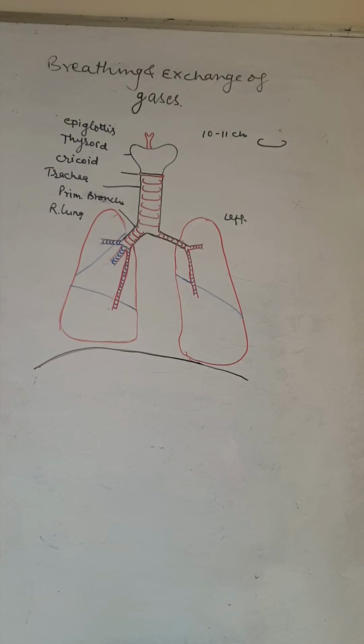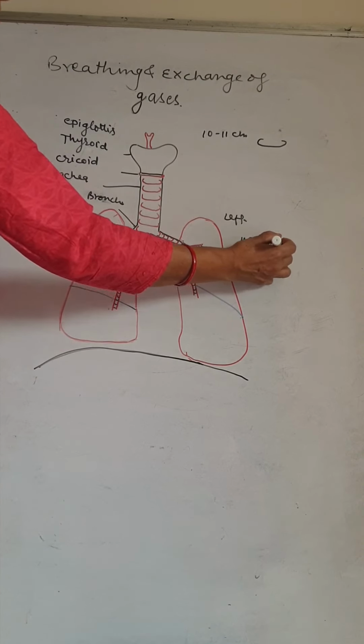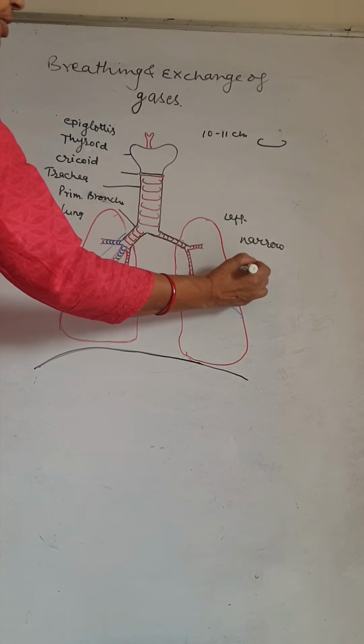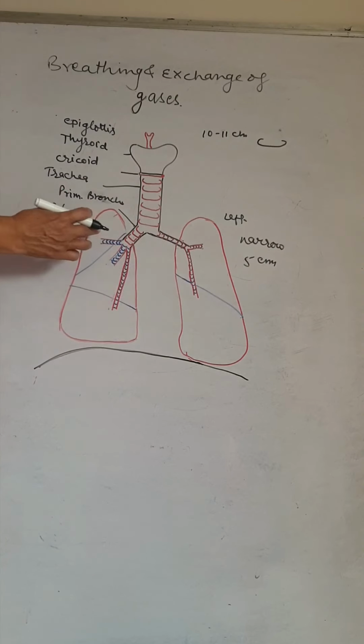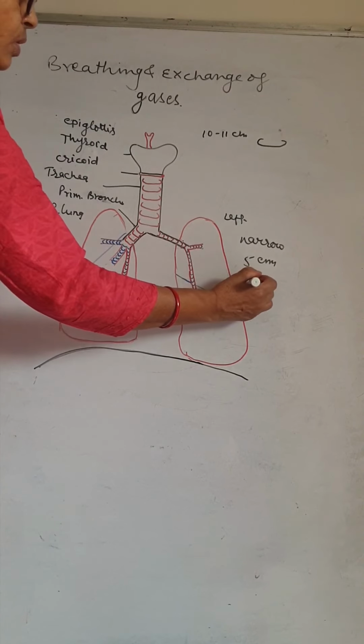The right is wider, and the left one is narrow. The right side is approximately 2.5 centimeters long, and the left one 5 centimeters long. The right is more vertical and the left more horizontal.